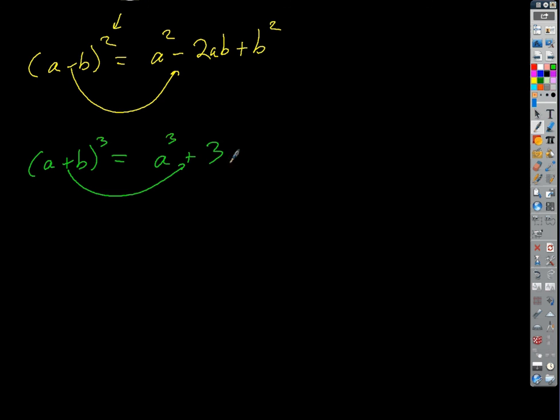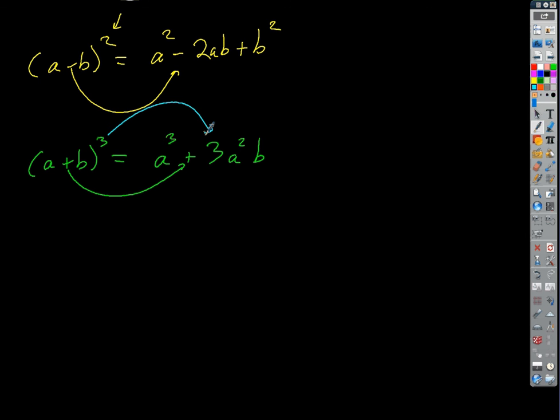It's going to be 3 times a to the, no. Remember, a drops down by 1, b goes up by 1. So a squared b, right? We know that that's a 3 because of the 3 right there, right? Everybody get that?